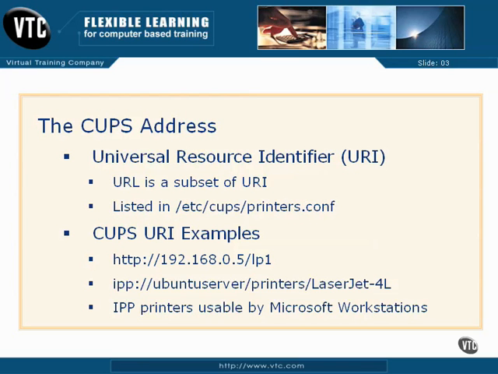The second specifies the host name of my home server, Ubuntu server, and the IPP at the start tells me that it's using the Internet Printing Protocol associated with port 631. Either URI can be used from Linux or even Microsoft workstations.